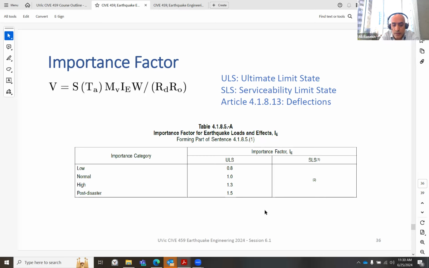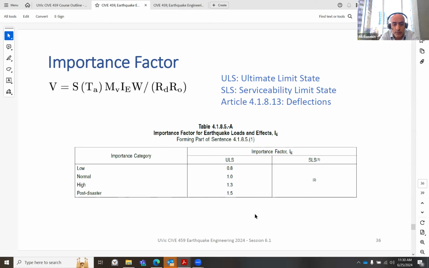I already forgot what 2020 says, but at the end of the day, don't use any factor for deflections. Deflections should be as estimated by the real shear, not because we overvalue the loads so that our hospital is super safe. When we want to assess the deflection, it's the real deflection in a way. But I think we will discuss the deflection as well.